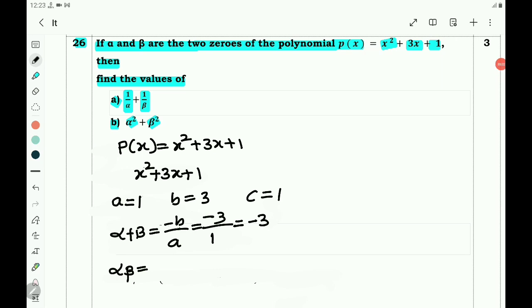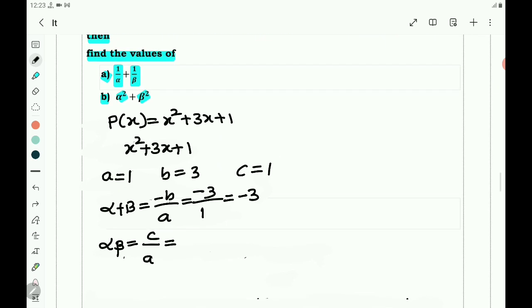Alpha beta equals C by A. You must know this relation. Alpha plus beta is equals to minus B by A, and alpha beta, alpha into beta, is equals to C by A. The value of C is 1, A is also 1. C by A means 1 by 1 equals 1.